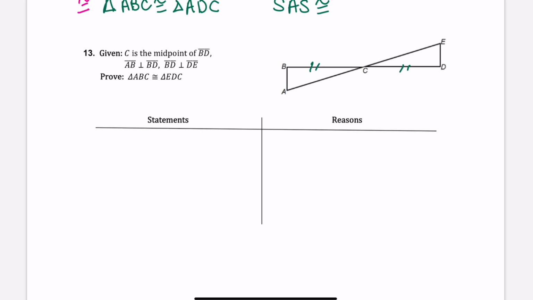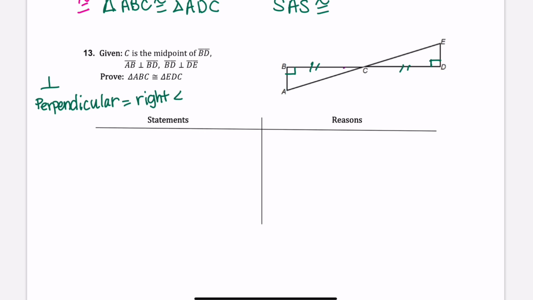AB is perpendicular. This upside down T means perpendicular, which means it's a right angle. So AB is perpendicular to BD, and BD is perpendicular to DE. So we have two right angles, which would also be the same.